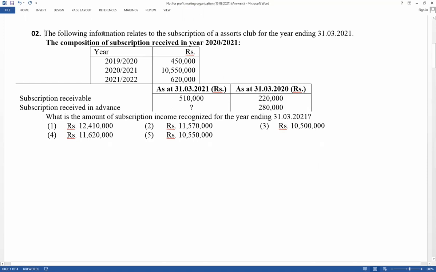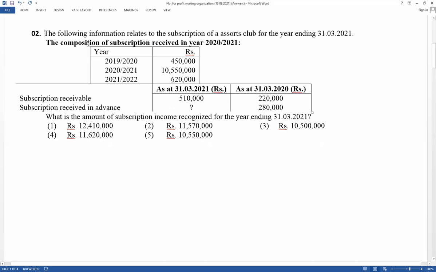It has given the following information related to subscriptions of an associated club for the year ended 31st March 21. It has given the composition of subscriptions received in the years 2020 and 21. Look, it has given how we received the money. It has given the subscription received amount.